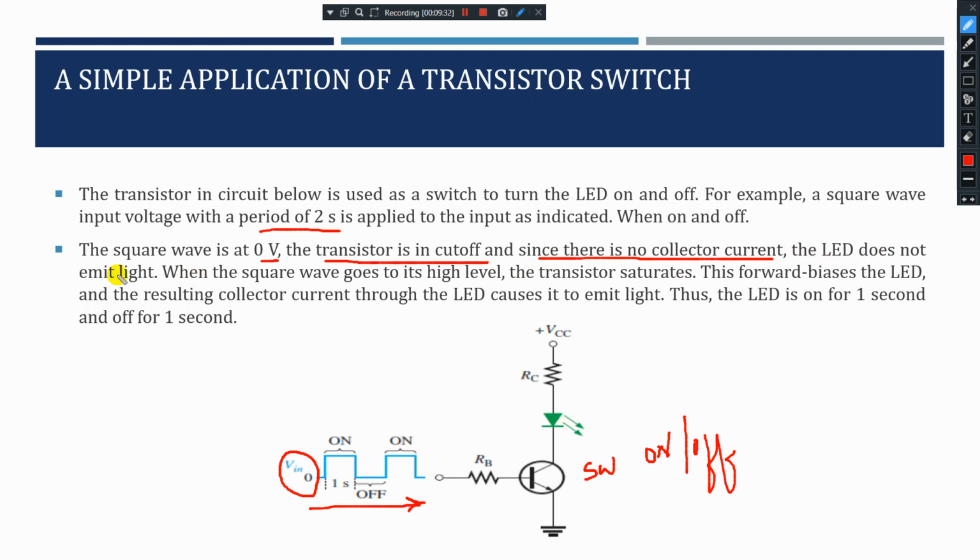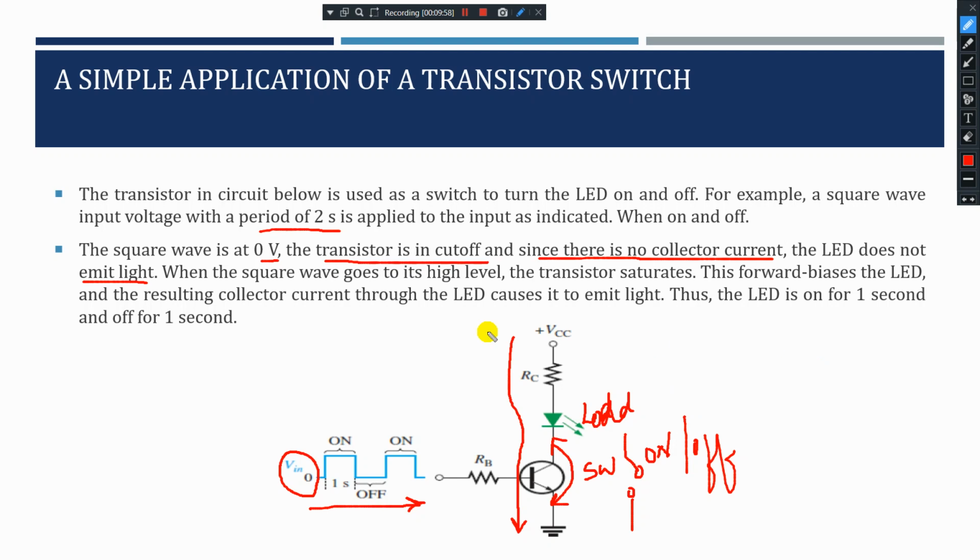The LED does not emit light because the switch is in off condition. If the switch is off, the current cannot flow from higher potential to lower potential through the load.